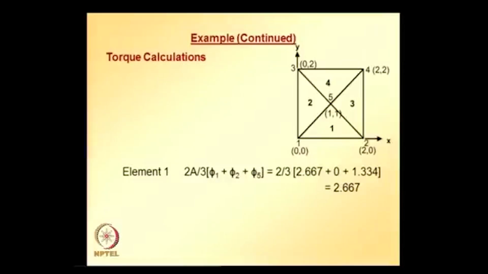Torque is basically 2 times the area of triangle times average value of stress potential in each of the element. So, for element 1, stress potential average is phi 1 plus phi 2 plus phi 5 divided by 3, that times 2a, that gives us 2.667.